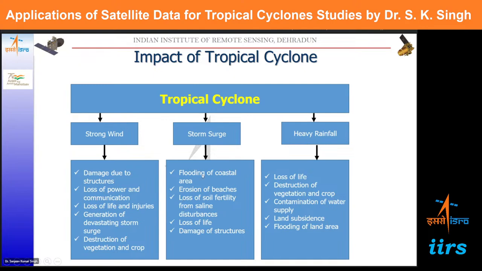And due to the storm surge, what will happen? There will be flooding over the coastal area, erosion of beaches, and loss of soil fertility from saline water.